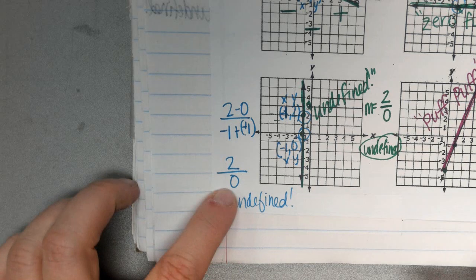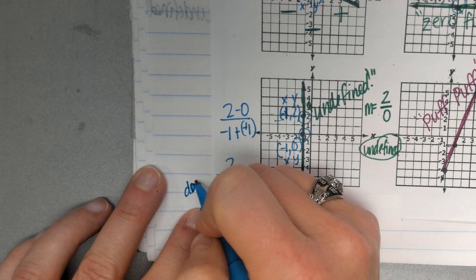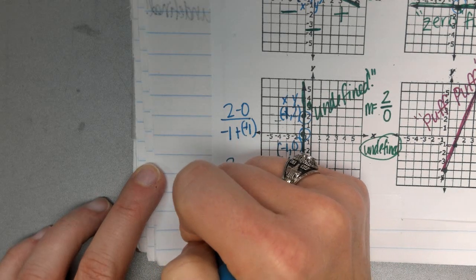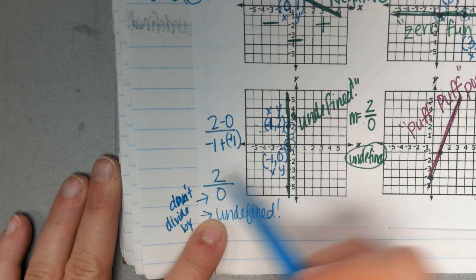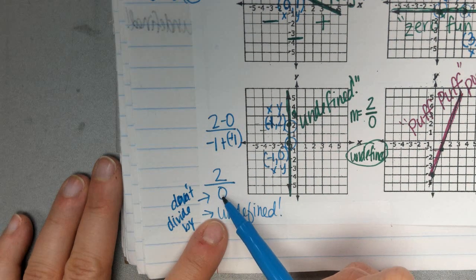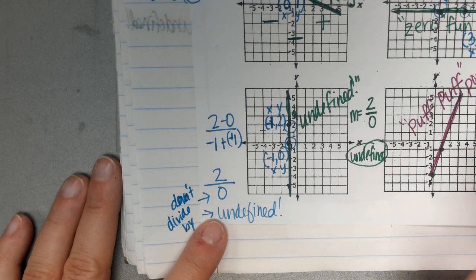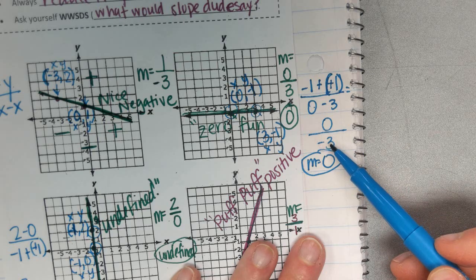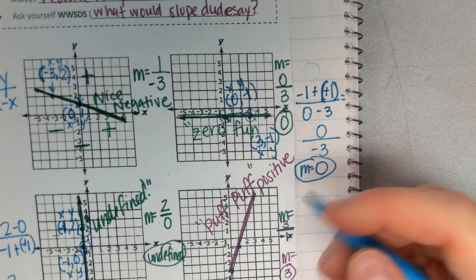We cannot divide by 0. Don't divide by 0. It's undefined. So the difference between this one and the last one was the 0 is on the bottom of the slope here. And that's why when you do 2 divided by 0, it's undefined. But the 0 is on the top of the slope there. 0 divided by anything is 0. That's the difference.